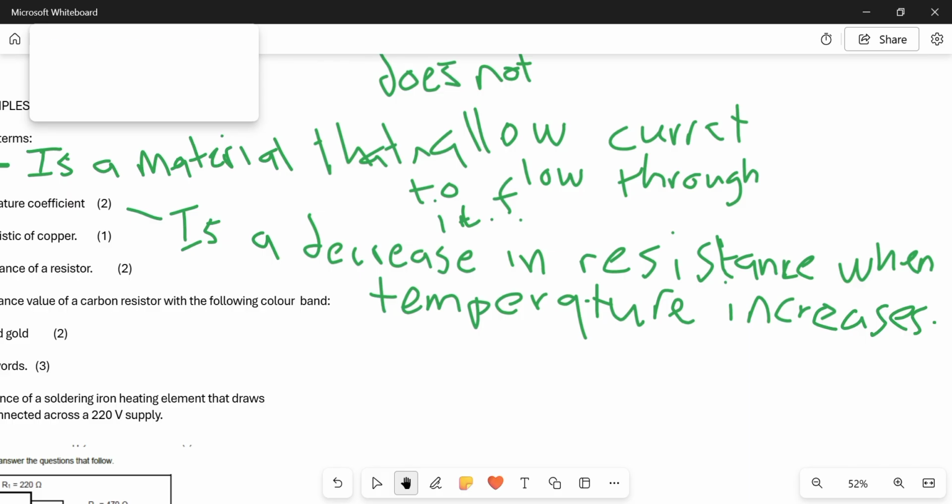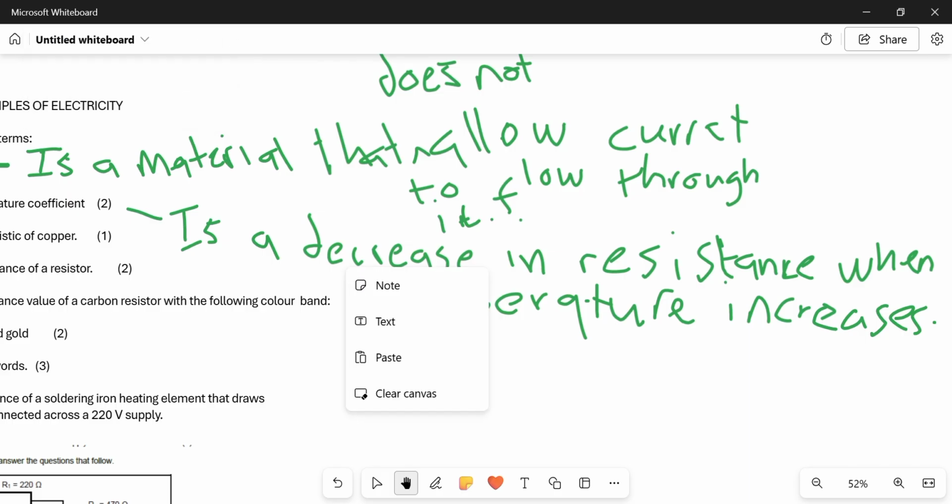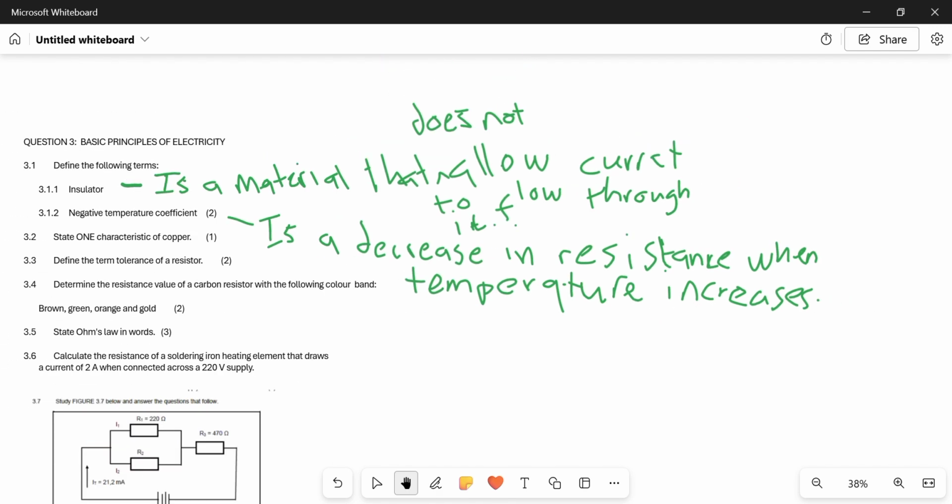Sorry, I was struggling with increasing and decreasing my screen. So, 3.2.